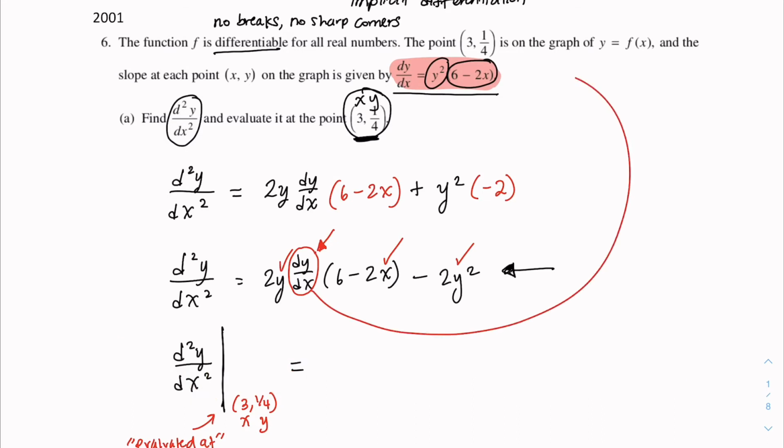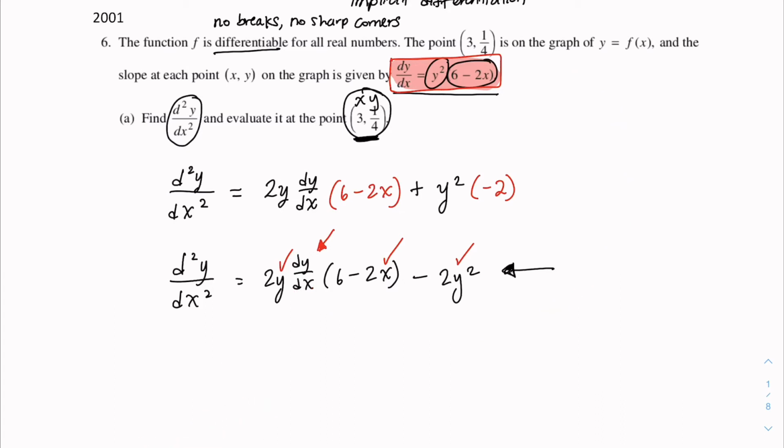So I hope you noticed that actually we're going to use the original. They gave me dy/dx in the question, and all we have to do is plug that back in. So before I go and plug in for dy/dx, I'll just rewrite this.